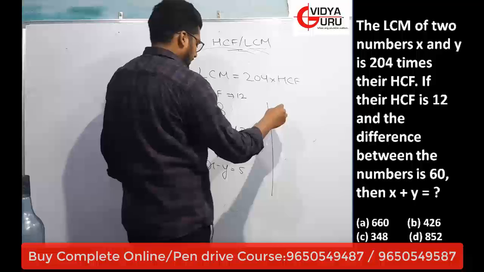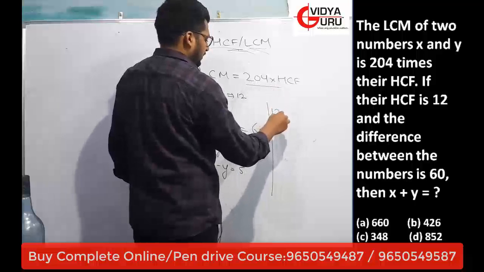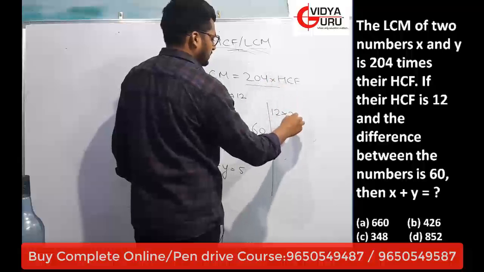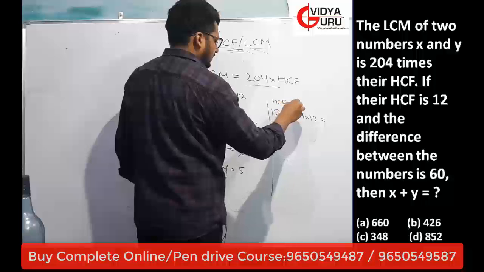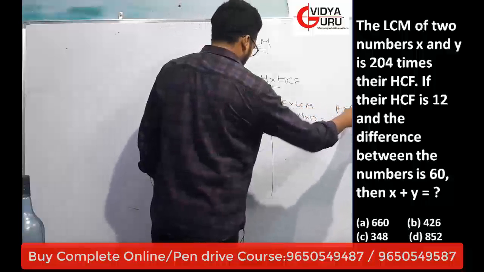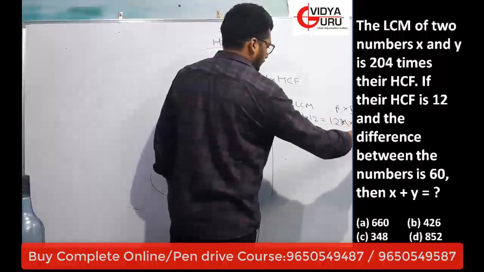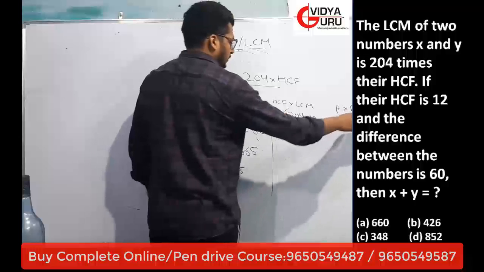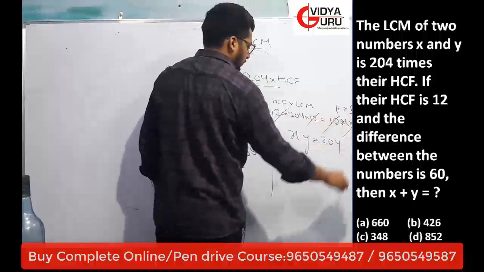From another thing I can say HCF into LCM. What is HCF? 12. What is LCM? 204 into HCF. That means 204 into 12. HCF into LCM is equal to the product of the numbers A into B. What are the numbers? 12x, 12y. This 12 will be cancelled out. xy will be equal to 204.